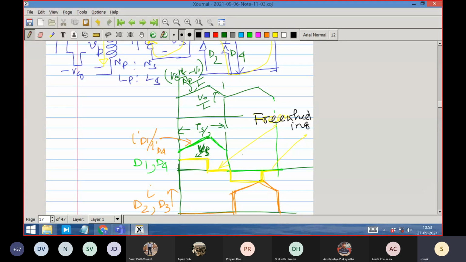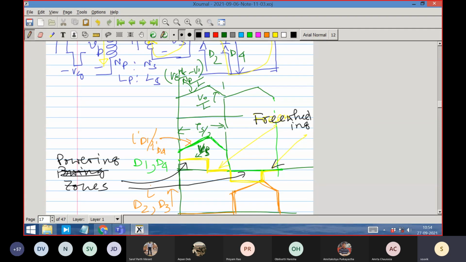These two are powering zones. That means input power is flowing to the output. The other two zones are freewheeling zones, so no power is flowing to the output.